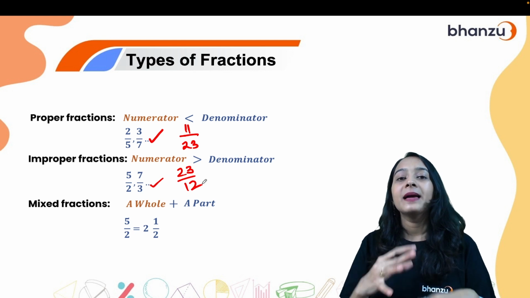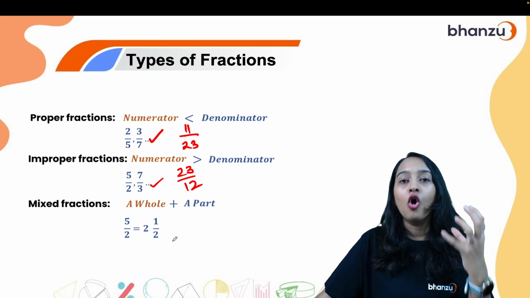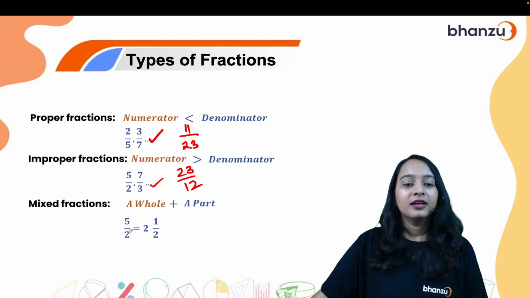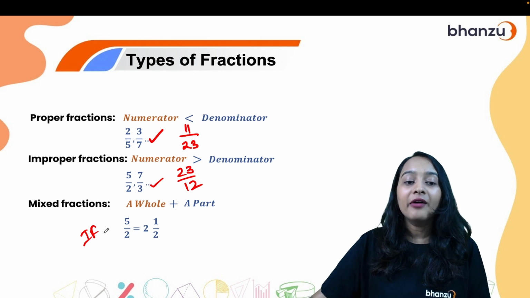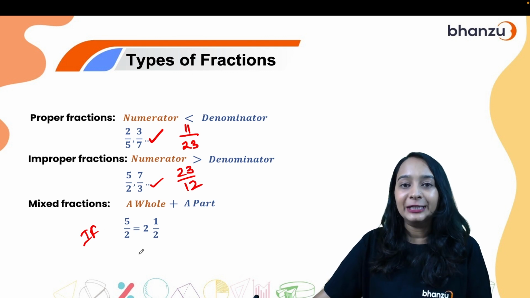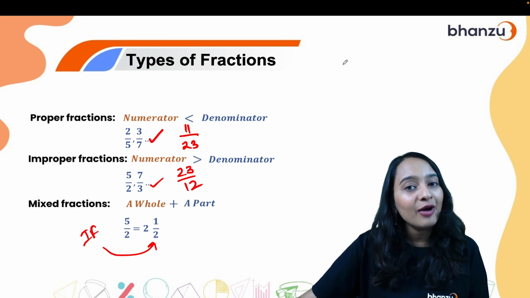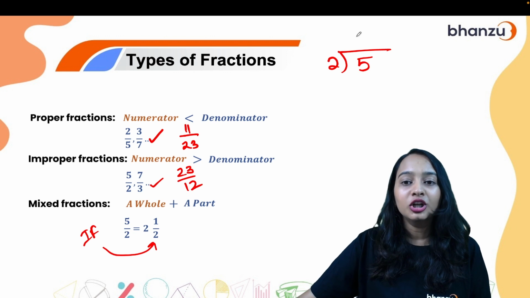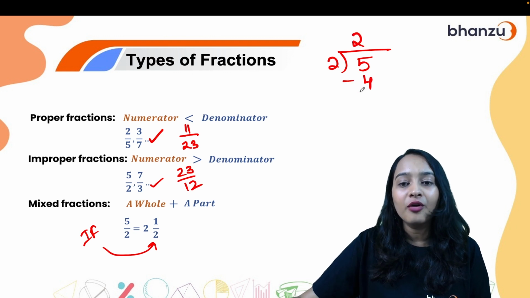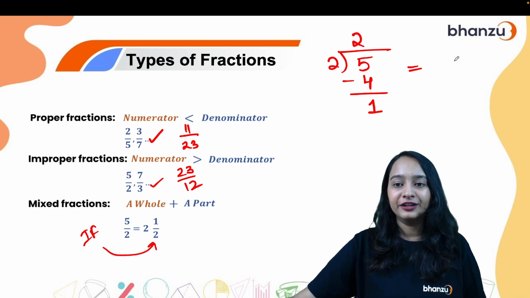And then comes mixed fraction. It is a combination of a whole and a part. So 5 by 2 is an improper fraction. Now we have to divide 5 by 2 and then write it in terms of a mixed fraction. How do we do that? So we are going to go with the usual division. 2 into 2 is 4 and the remainder is 1. That's it. You don't have to do anything further.